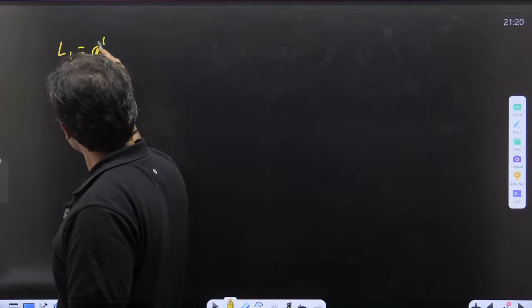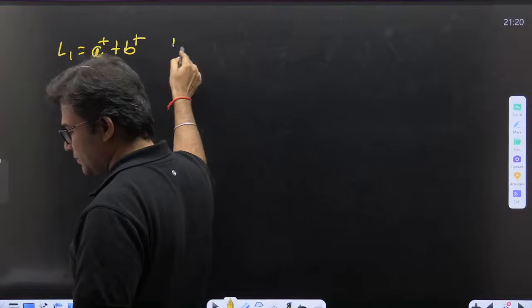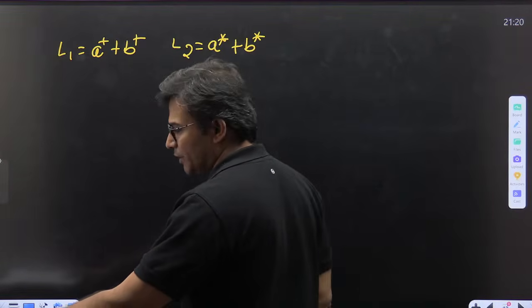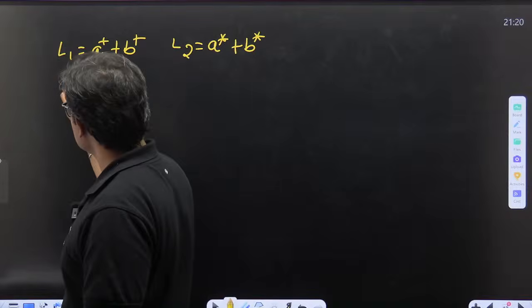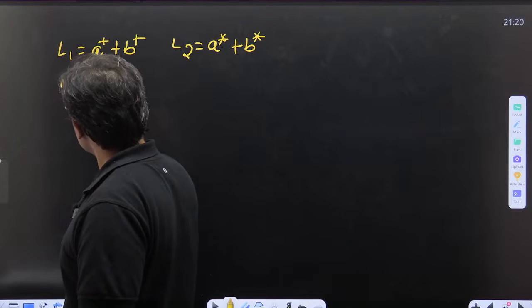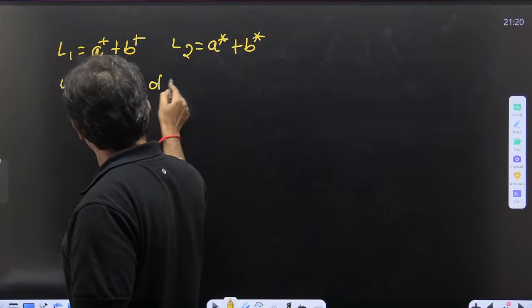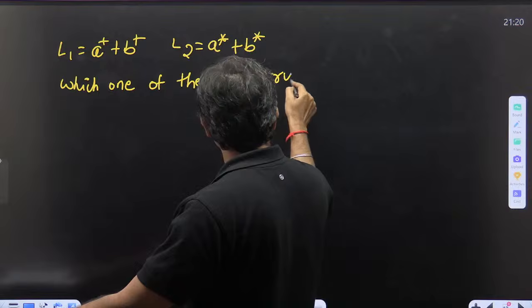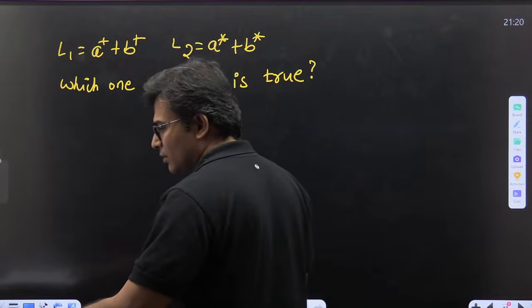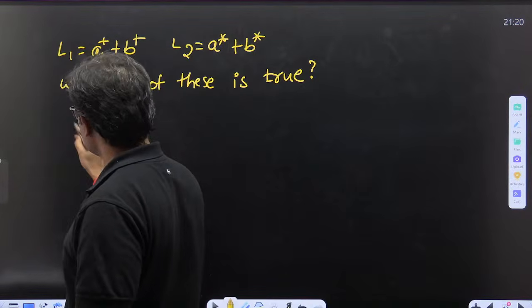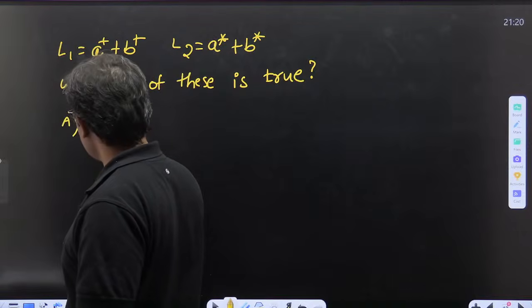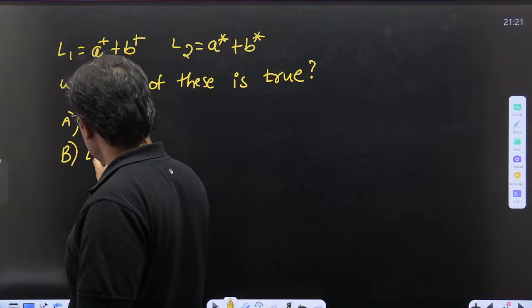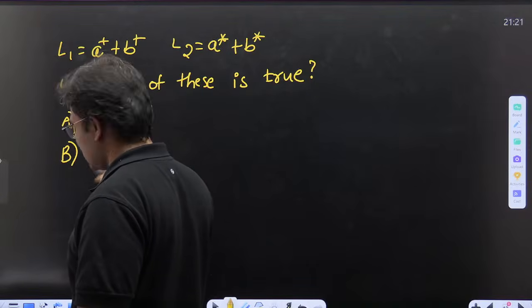L1 equal to A plus B plus, L2 equal to A star plus B star. Which one of these is true? A, L1 equal to L2. B, L1 plus equal to L2 plus.